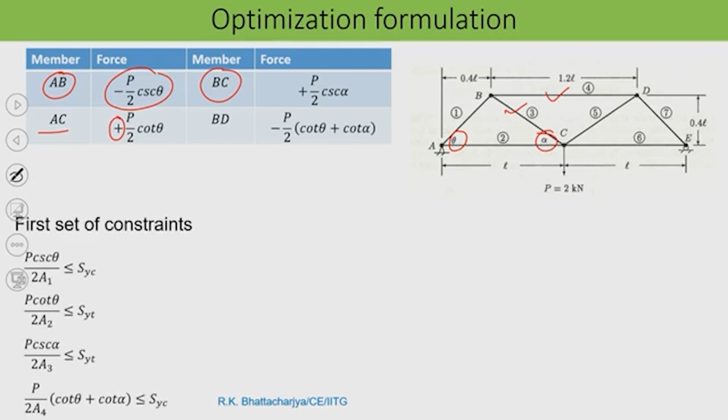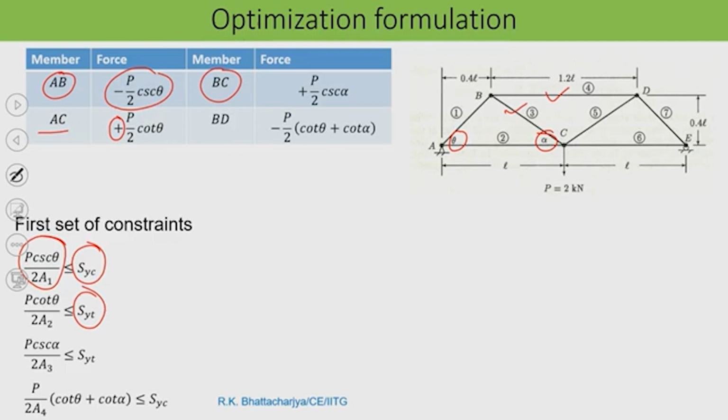So, therefore, the first set of constraints are these. The stress developed here is P cosec theta by twice A1, and this should be less than the permissible compressive stress of the material. Similarly, for the second member, AC, the stress is P cot theta by twice A2, and that should be less than the permissible tensile stress of this particular material.